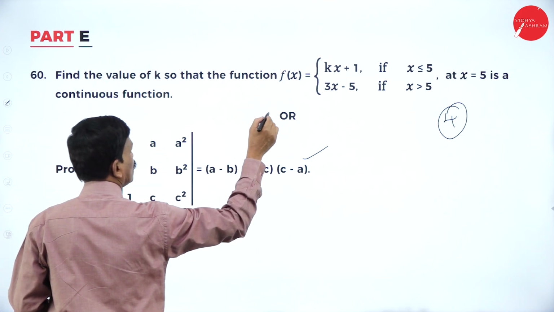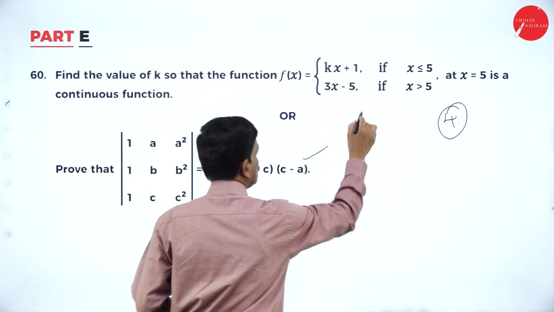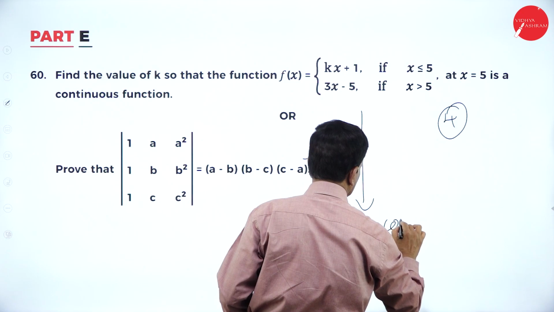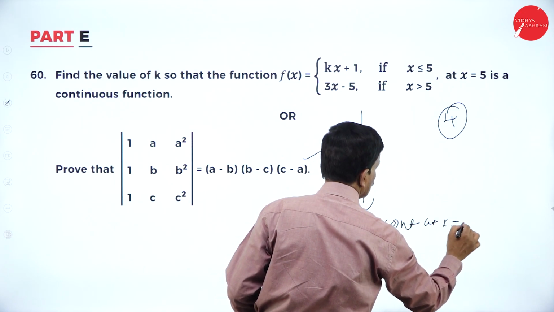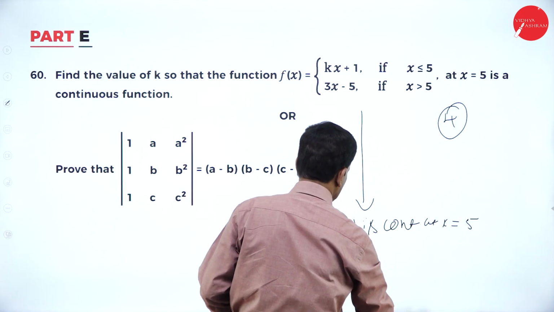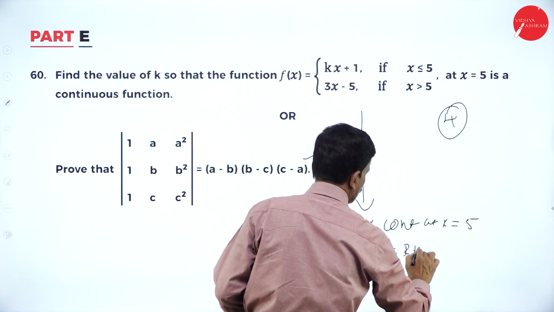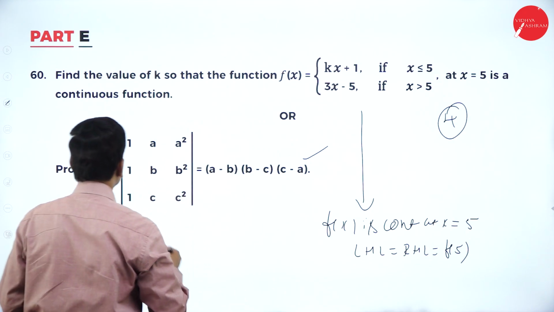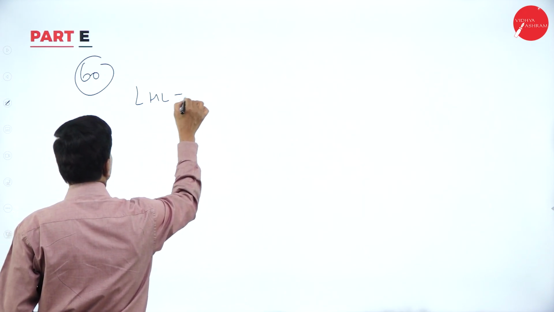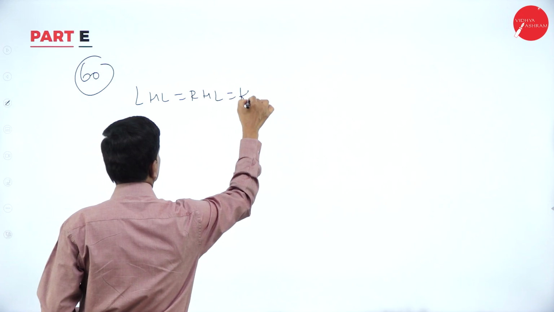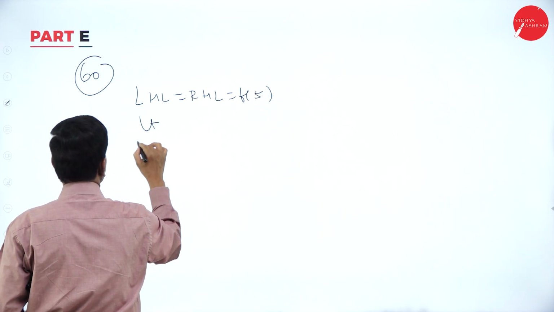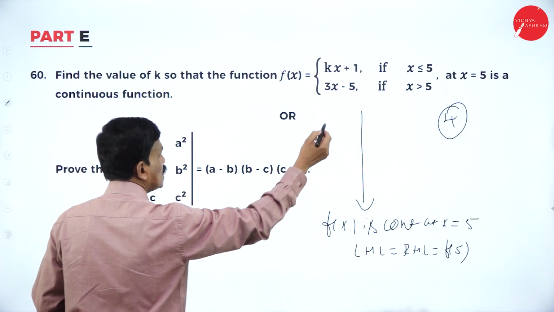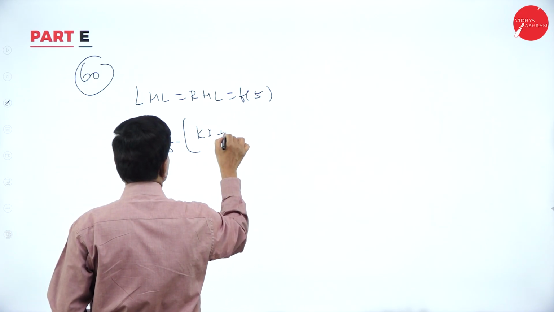So what is given? This is continuous. Since f of x is continuous at x is equal to 5, therefore left hand limit is equal to right hand limit is equal to functional value. Left hand limit is the limit as x tends to 5 minus of f of x, that is kx plus 1.